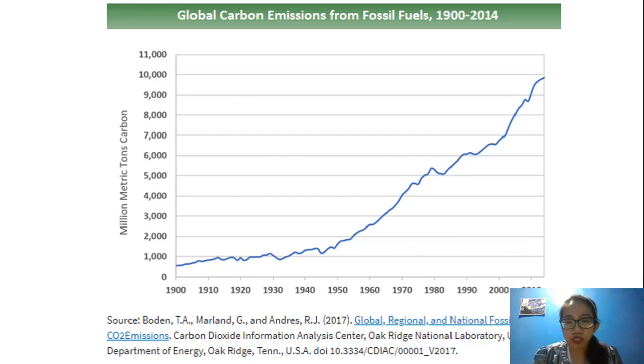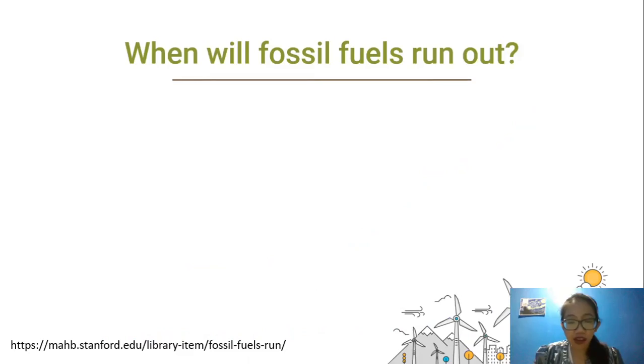We have increased our carbon emissions by about 90% since the 1900s. We have to control that because we cannot afford having more carbon emissions in our atmosphere, and fossil fuels have a limit, and scientists actually have the answer.